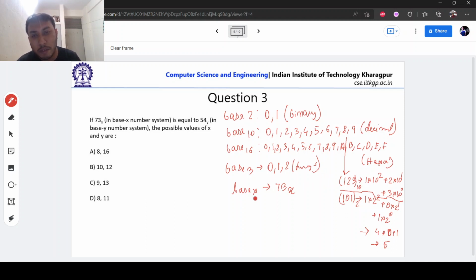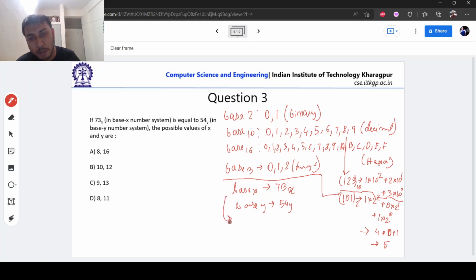So it is given that there is a number 73x, and the same number in base y is 54y. These are basically the same number in two different bases. The question is, what are the possible values of x and y?